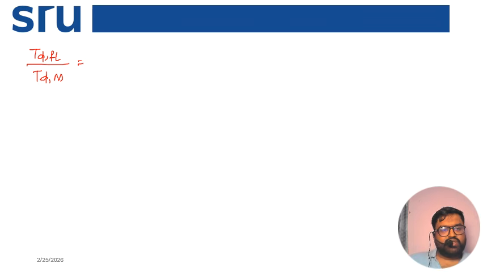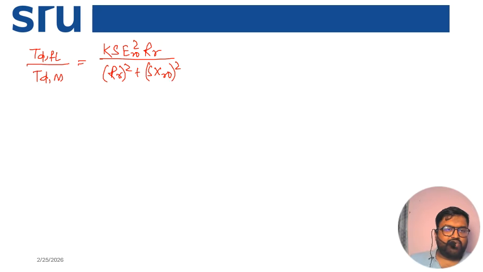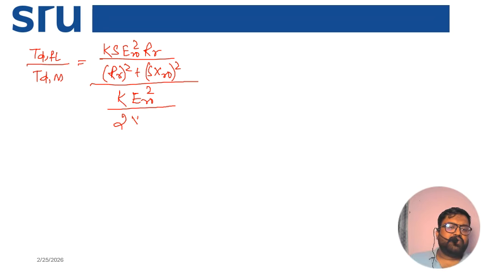Inputting the formula, K ER0 square into S RR divided by RR square plus (S XR0) whole square, divided by the torque developed at maximum condition, K ER0 square divided by 2 into XR0.